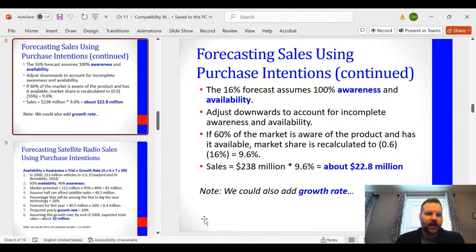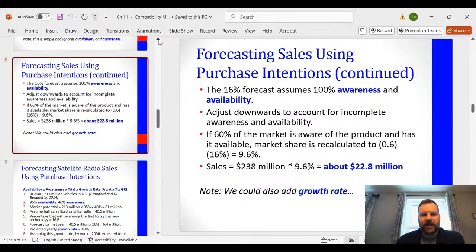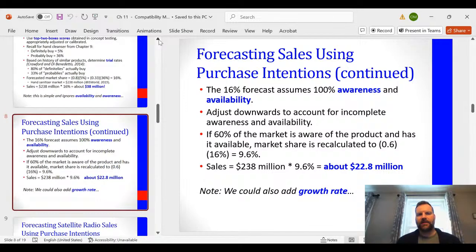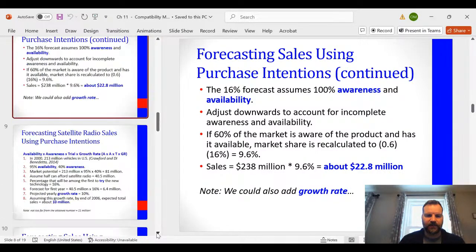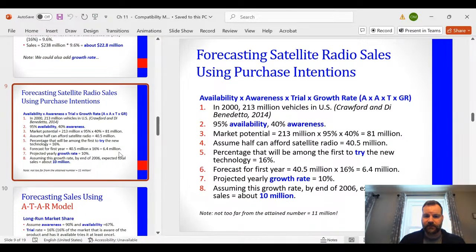So you're multiplying essentially how many people want to actually buy it, by the awareness, by the availability, and you can adjust your predicted sales by that. You could also add growth rate. Growth rate essentially says, all right, how much is this going to grow from one year to the next?